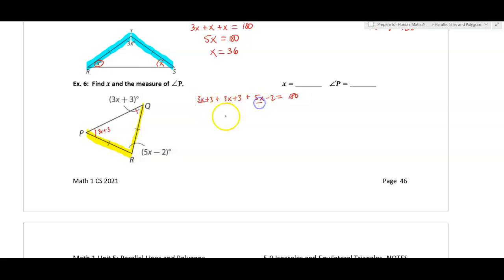So you have 3, 6, 11x. 3, 6 minus 2 is plus 4 equals 180. Subtract the 4, 11x equals 176. And 176 divided by 11 would give you x equals 16.